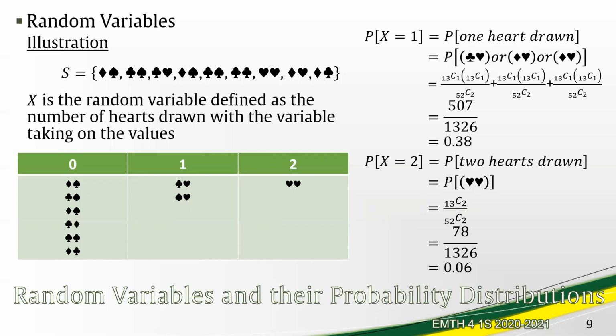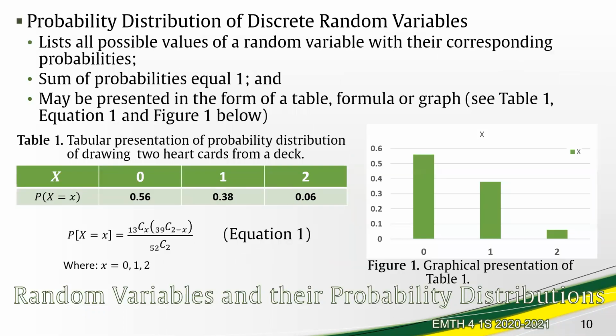We will now go to the concept of the probability distribution with that idea on hand. The probability distribution is the list of all possible values of a random variable with their corresponding probabilities, which we just have done.